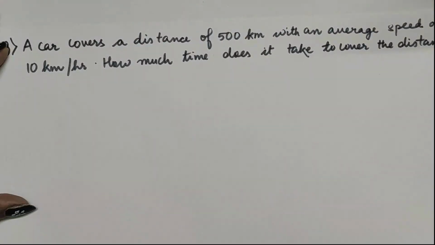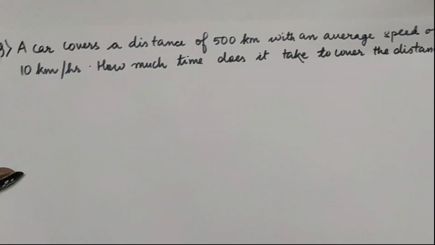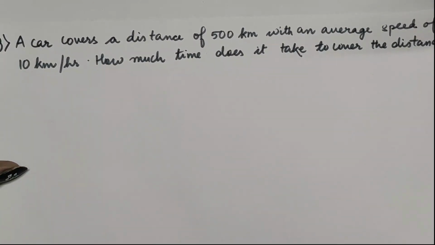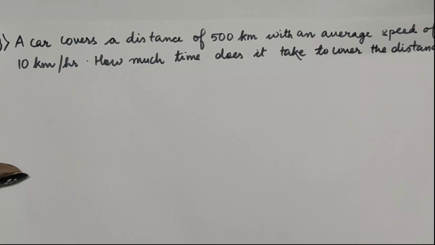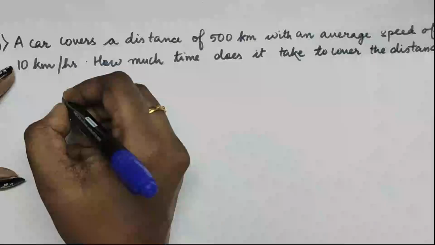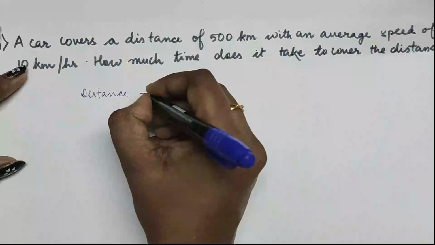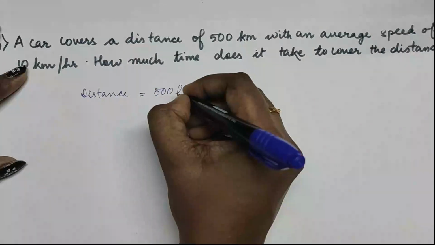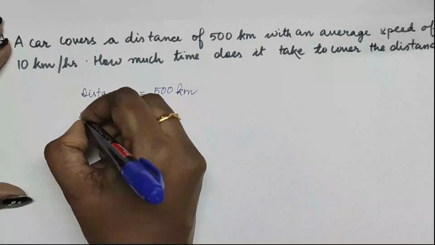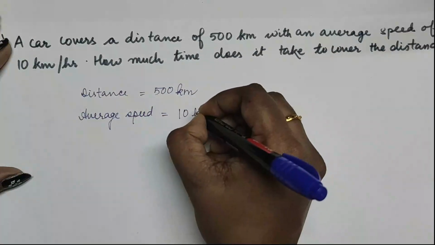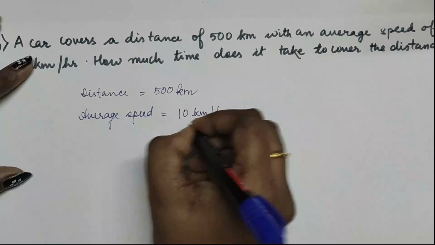I will do one more question for your better understanding. A car covers a distance of 500 km with an average speed of 10 km per hour. How much time does it take to cover the distance? So the distance covered here is 500 km and the average speed of the car is 10 km per hour.